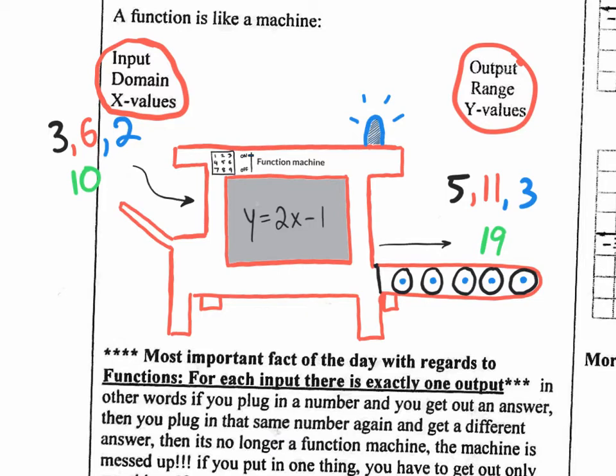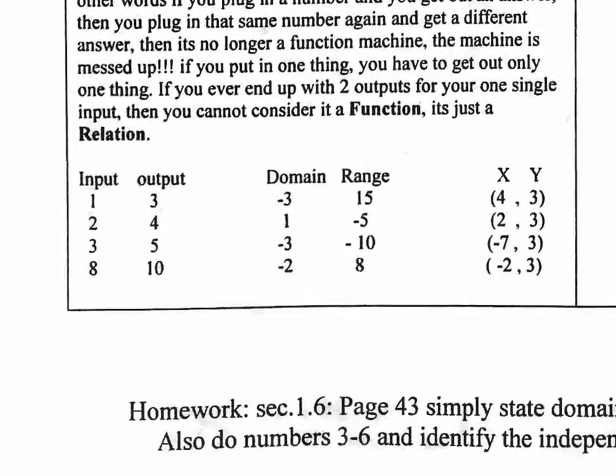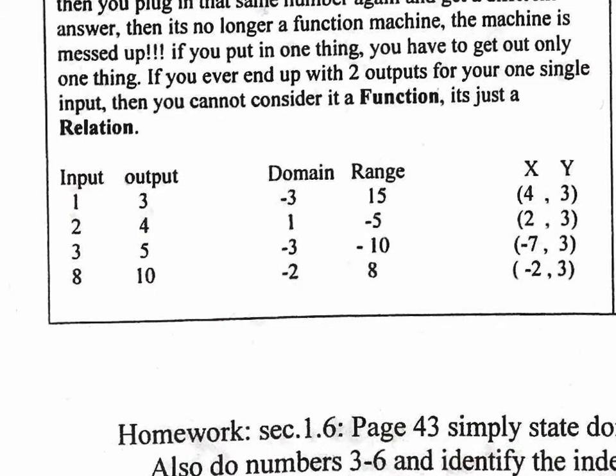So for each input, there's exactly one output. If you ever plug in the same input twice and get out different outputs, then you know your machine's messed up.